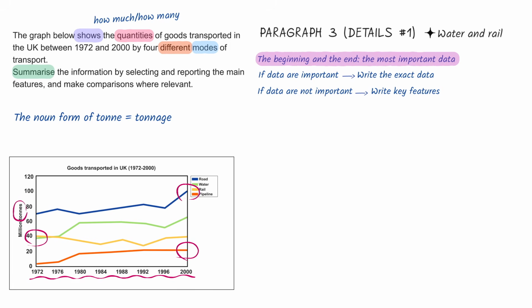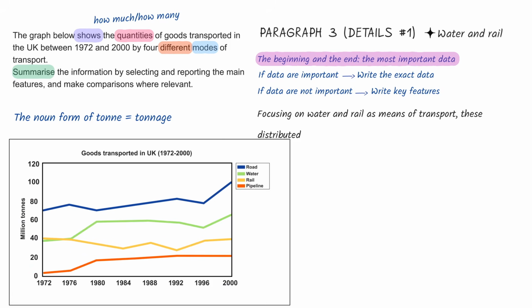Now, when we are going to refer to specific categories, we can start with "focusing on," for example, A and B. Here in this paragraph, we're going to focus on water and rail. So we say, focusing on water and rail as means of transport, then we write a comma. These distributed, so we're going to write the beginning of these two. Look at 1972.